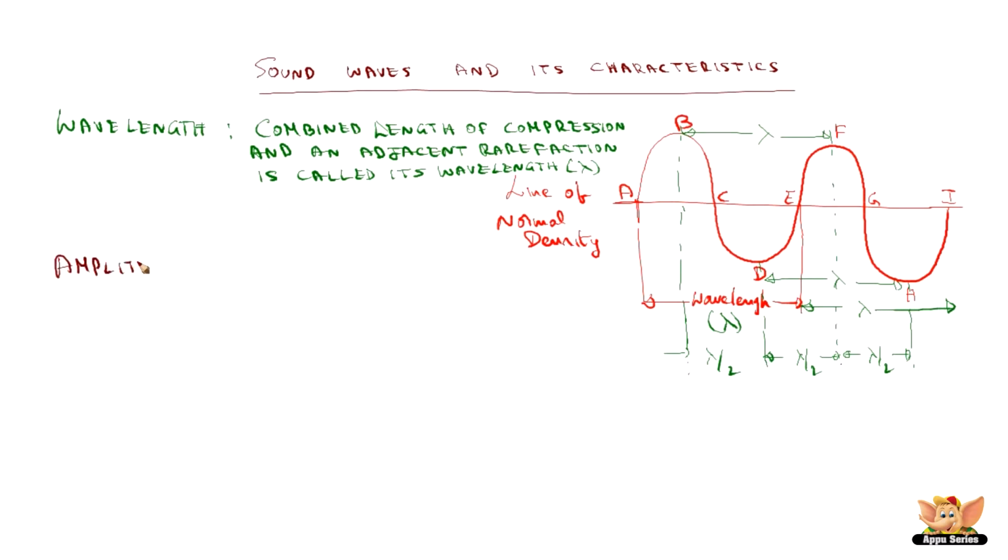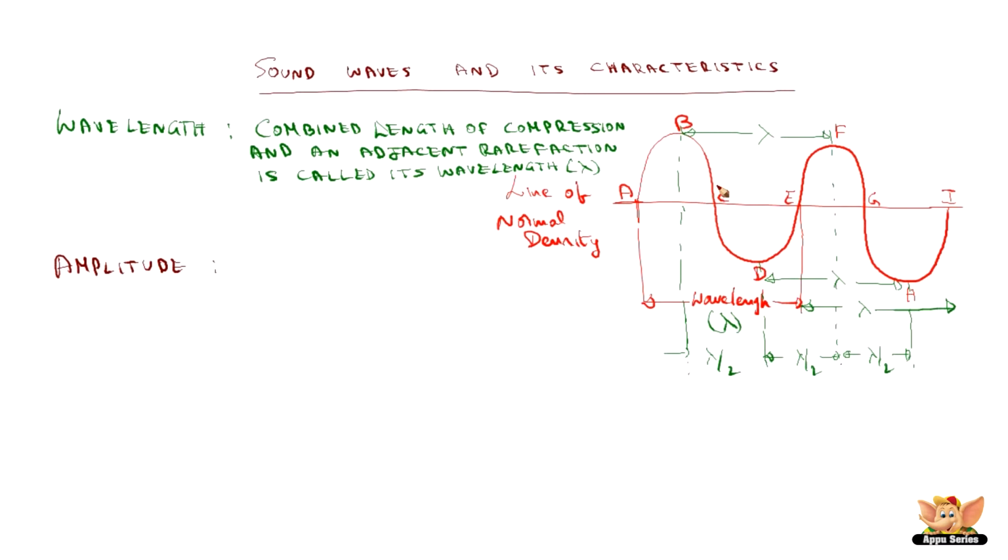What is amplitude? We know that the particles of the medium vibrate back and forth. So there is a displacement that is happening when they are moving back and forth. So that is what we call amplitude. The particles get displaced temporarily from their original positions when they vibrate.